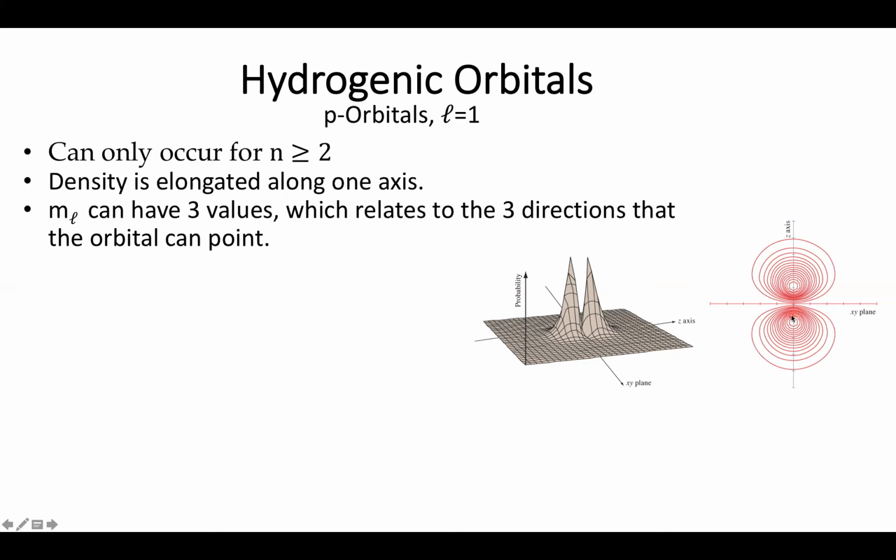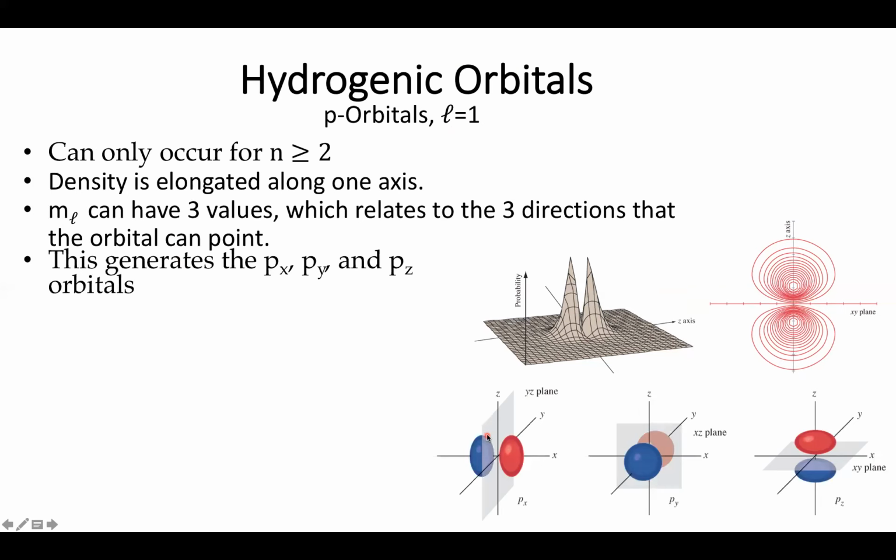Now, one of the important features is that because L is equal to 1, we have 3 possible M sub L values: -1, 0, or 1. And what these essentially reference is that the orbital can point in 3 directions. So we typically point this along an x-axis, a y-axis, or a z-axis.